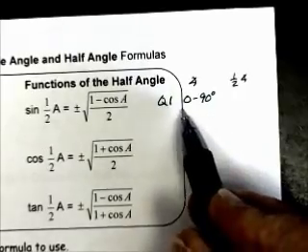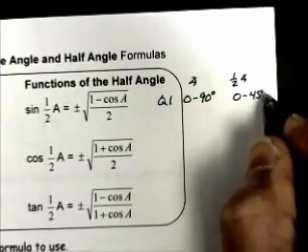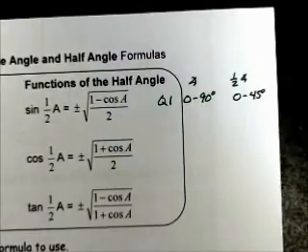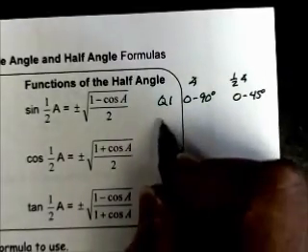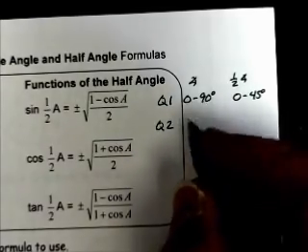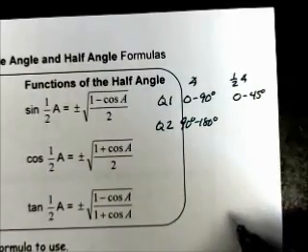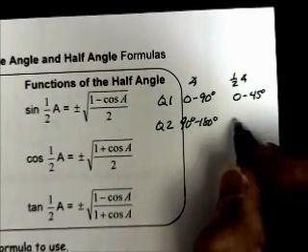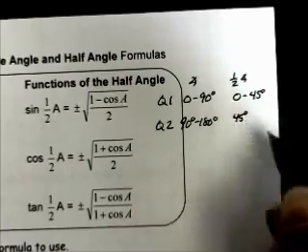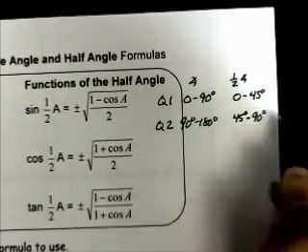If we divide each by 2, we have between 0 and 45 degrees, which is still in quadrant 1. If we start with an angle in quadrant 2, it would have an angle measure between 90 and 180 degrees. Divide each of those by 2, so half its angle measure would be between 45 and 90 degrees.